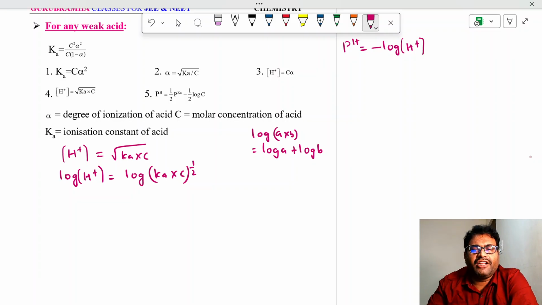And log A power x is equal to what you can write? x log A. These two things we know. Right?